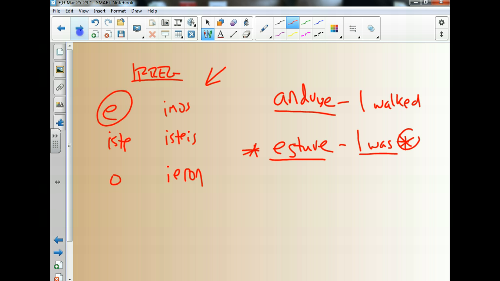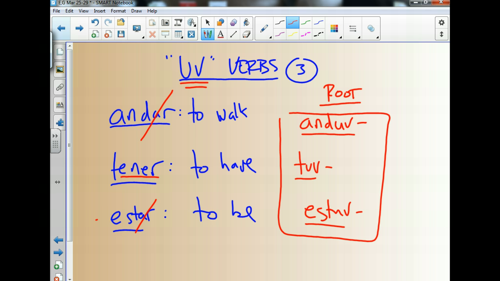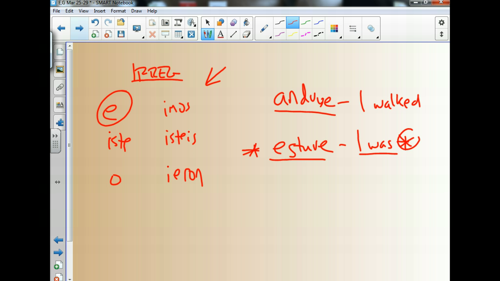Now, tener, we know, means, in English, to have. In the preterite tense, the verb tener also means to get or to receive. So, like, if you say that I went to the restaurant and I got the chicken, I had the chicken, you would use the verb tener.